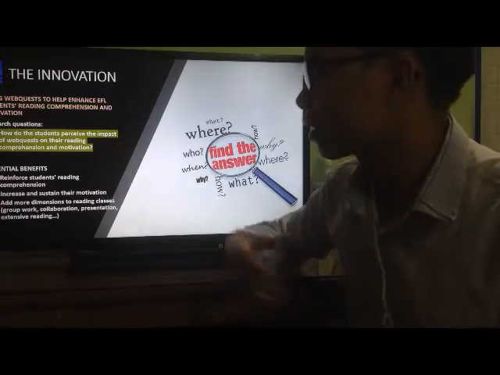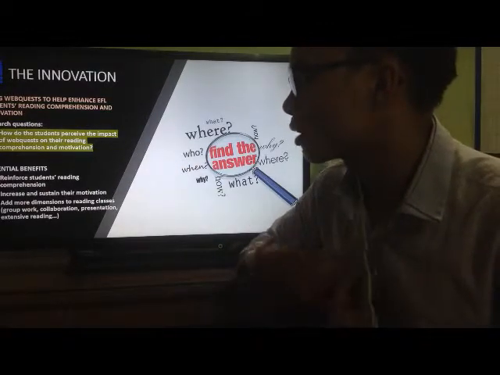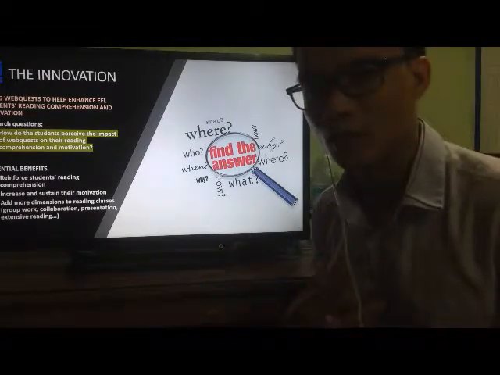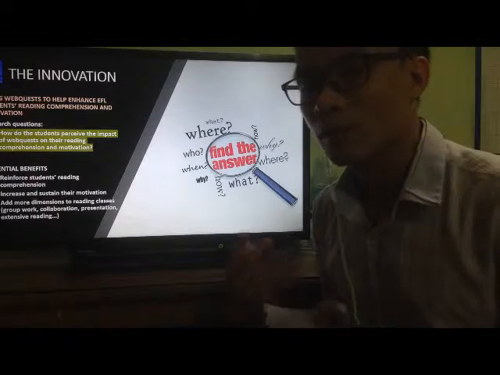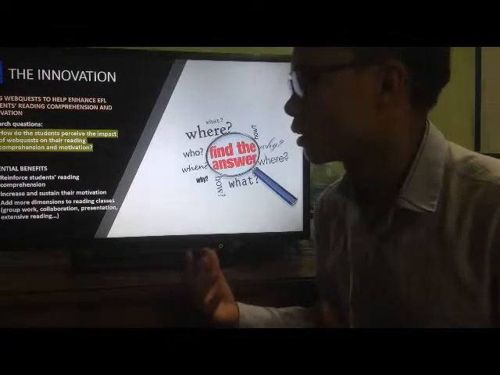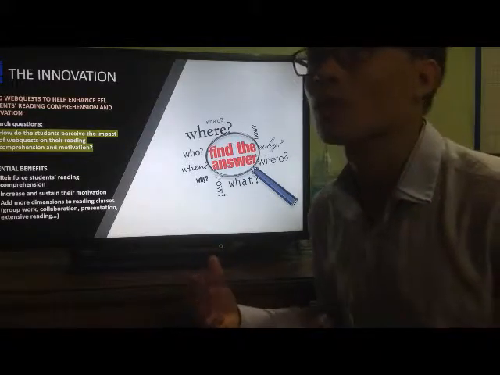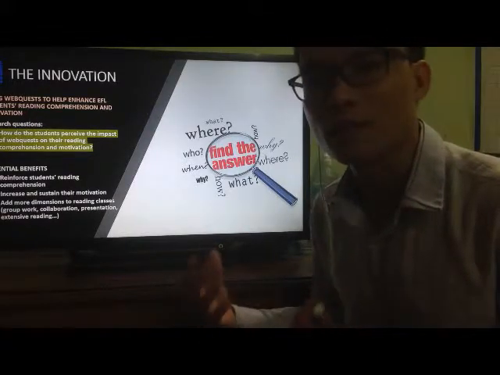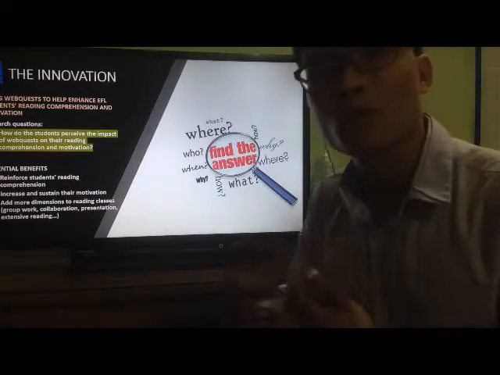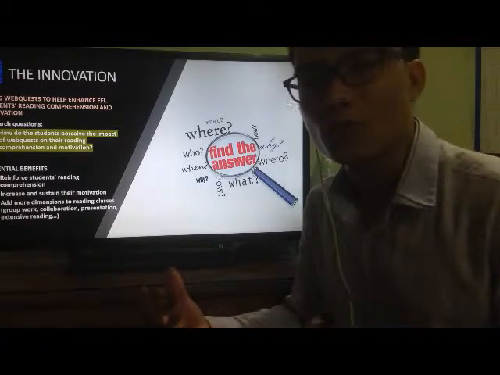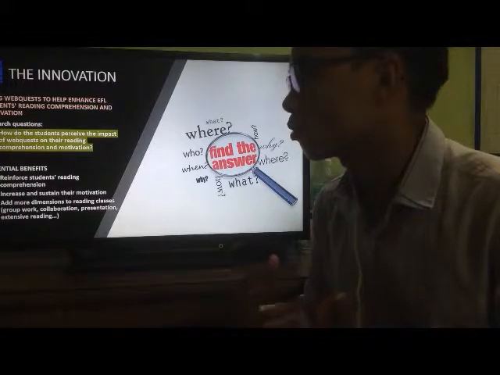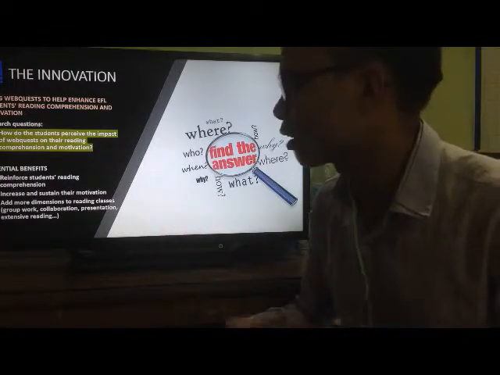The first benefit I think it's going to bring about is a reinforcement of students' reading comprehension. This benefit derives from the fact that the students are going to be able to read a lot and also to read extensively outside the textbook. So they are going to be able to acquire a broader base of vocabulary, and with that base of vocabulary, I expect that their reading comprehension level will be on the rise.